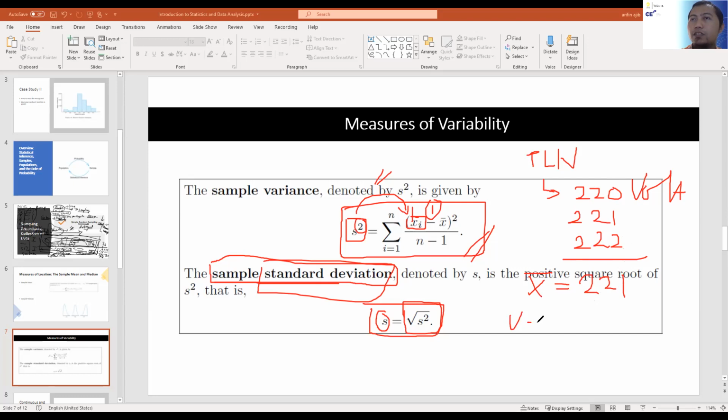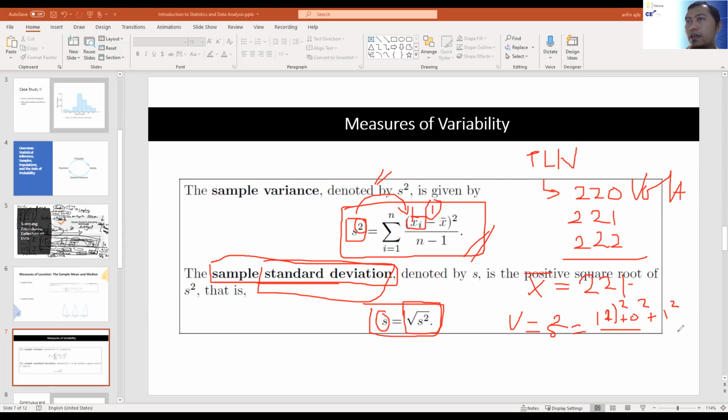Variance is actually a power by 2, and then the result is: 220 minus 221 is 1, squared, plus 221 minus 221 is 0, plus 222 minus 221 is 1.